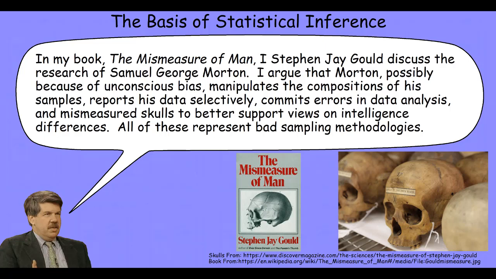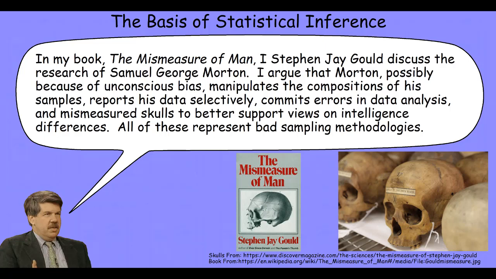So Gould suggests that Morton manipulates the composition of his samples. He reports his data selectively, he commits errors in data analysis, and he mismeasures his own skulls, all to better support his views on intelligence differences.